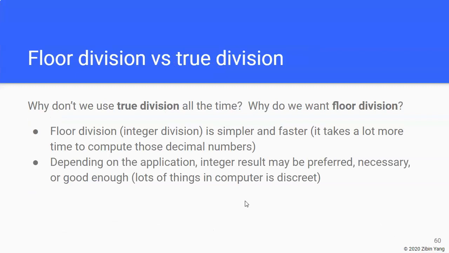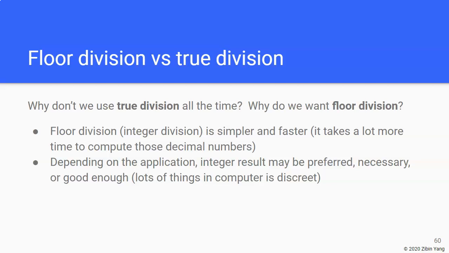So you might want to ask, why don't we do true divisions all the time? I mean, after all, that's what we learn in math, and so why do we bother with floor division? Well, there are a couple of reasons. For one, anything that involves just integers, such as floor division, takes, from a computer hardware's point of view, a lot less hardware to do, and it's a lot simpler.